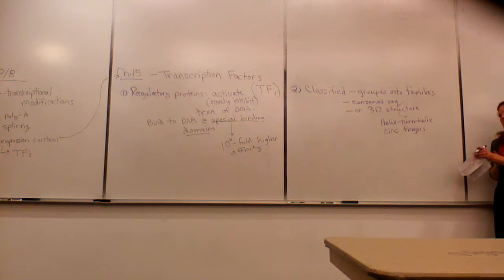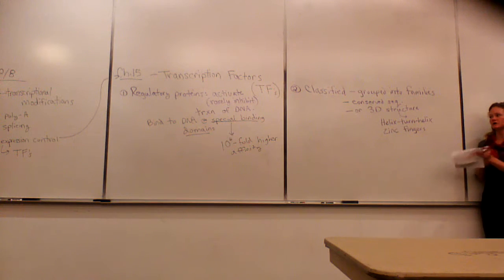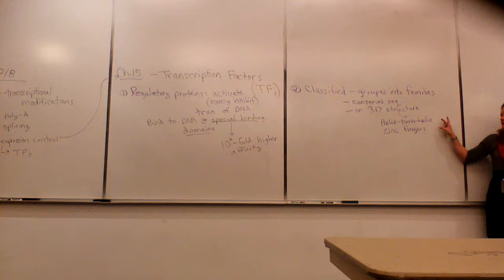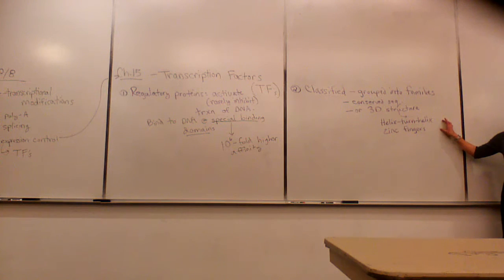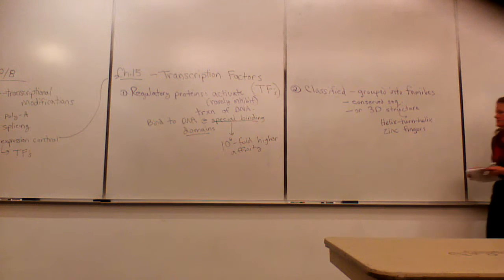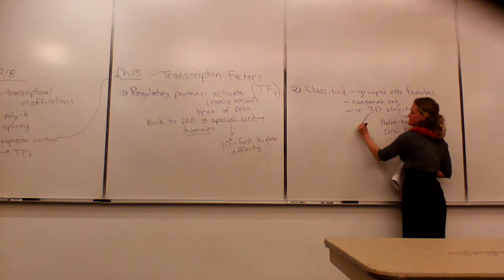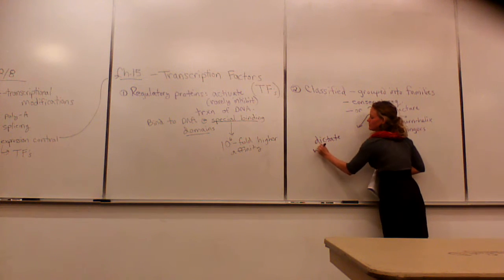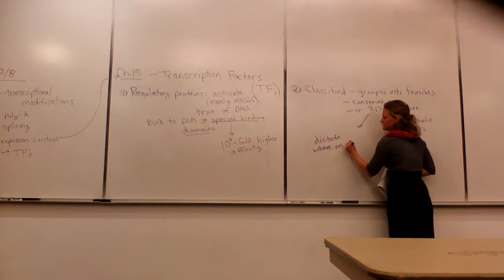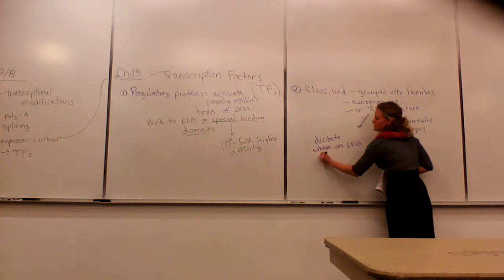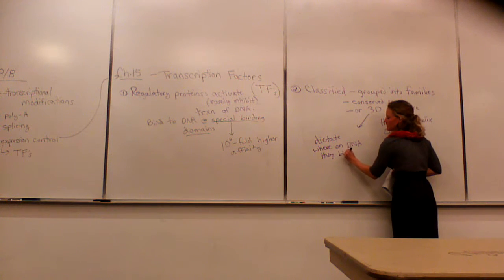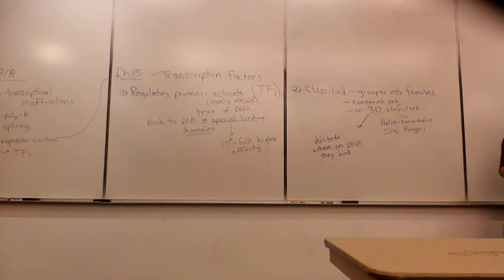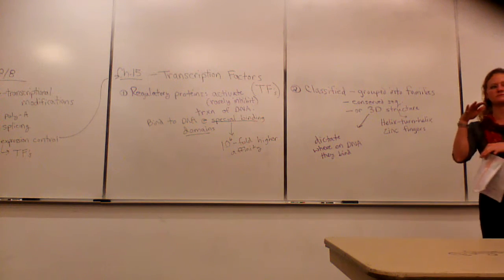And the reason I'm also bringing this up, not just on the classification point, but their actual three-dimensional structure dictates what part of the DNA that they bind to, right? So this 3D structure is going to dictate where on the DNA they bind. So DNA has two different groove sizes, right?